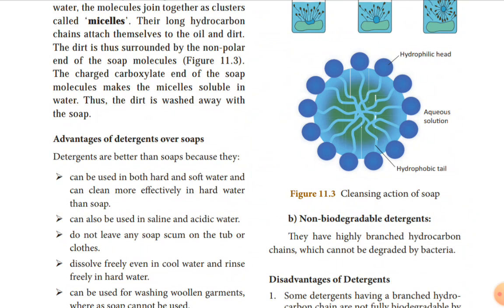See the diagram, it is given. See the hydrophobic part, the non-polar end, a long tail made of hydrocarbon chain.